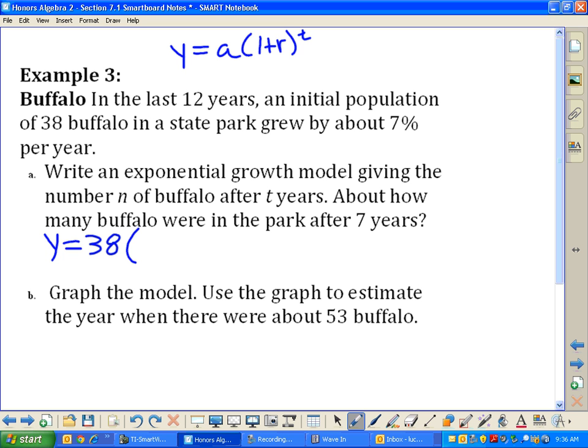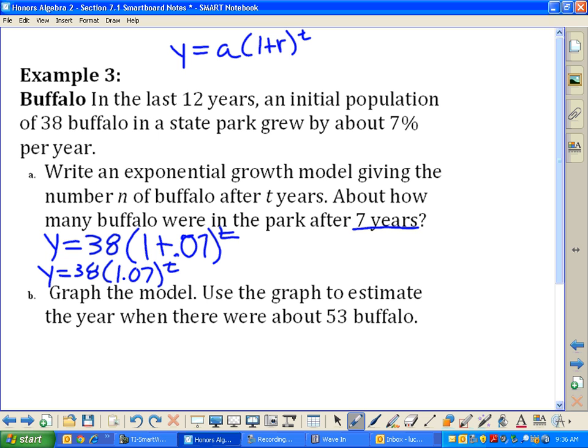We actually do go through that in a little bit. Well, it is 0.07. You are correct. It is a 7% rate increase. Almost wrote it wrong. So you do have to convert that to a decimal. Nice job, Will. And then this does give us the model in years. So our equation is going to be raised to the power of t if it just says write the model. So simplifying your model, you get y equals 38 times 1.07 raised to the power of t. So that responds to that part of the problem.